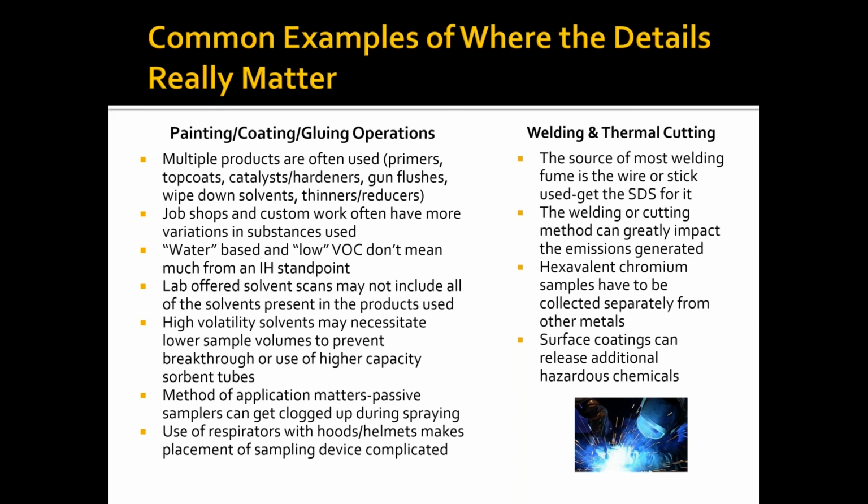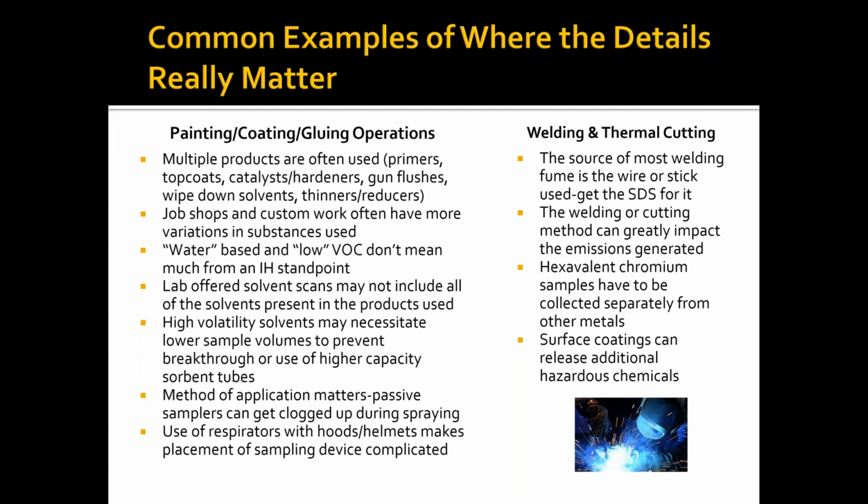Again, I won't read through all this. This is more for reference, but I think these are common examples of where details absolutely matter. In painting operations, it's very rare to find a painting operation where only one paint is used. Oftentimes there's multiple paints, there's multiple components to the paints.